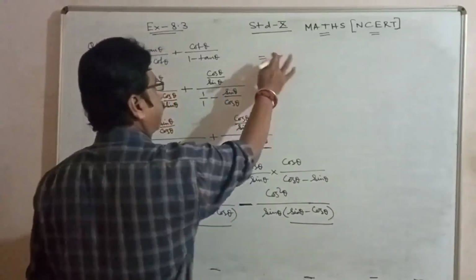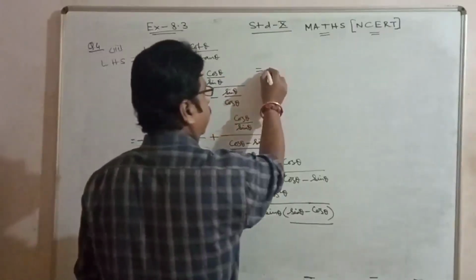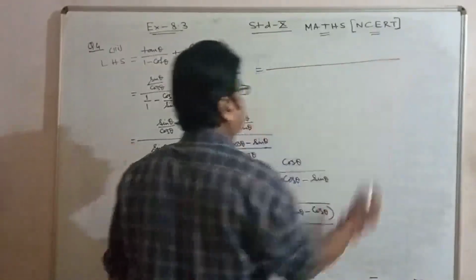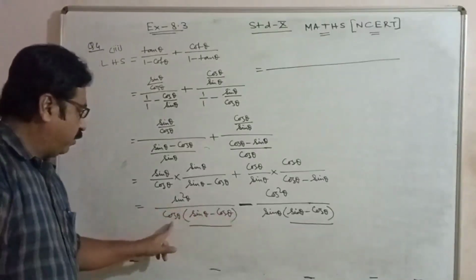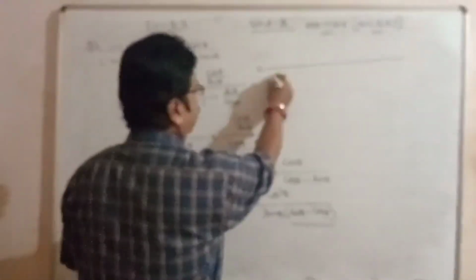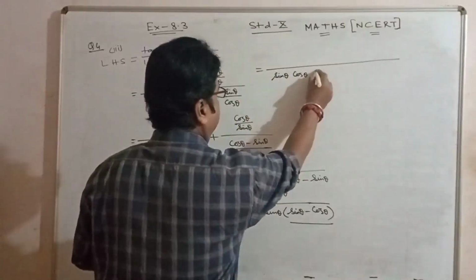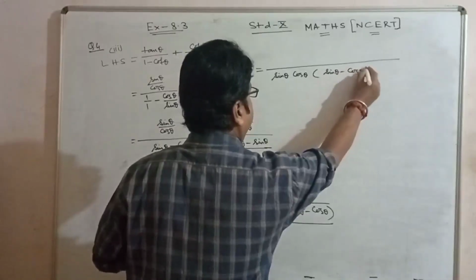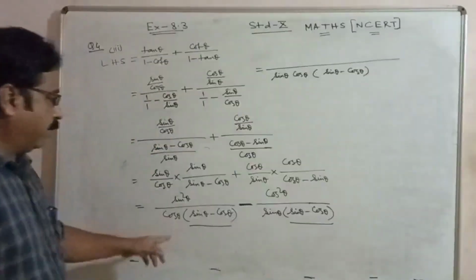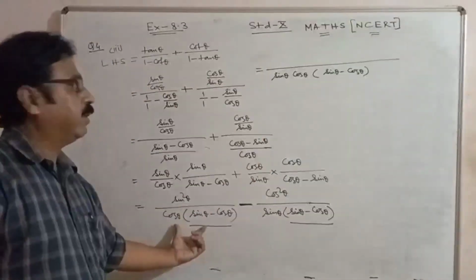Starting from here, sin theta into cos theta into sin theta minus cos theta. Now this upon this, what will be left?